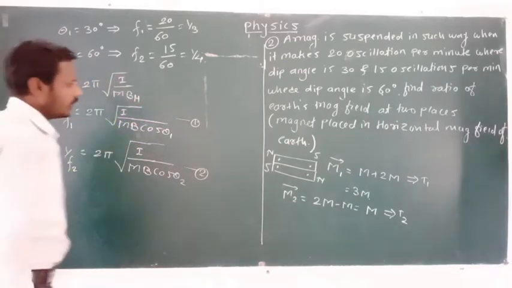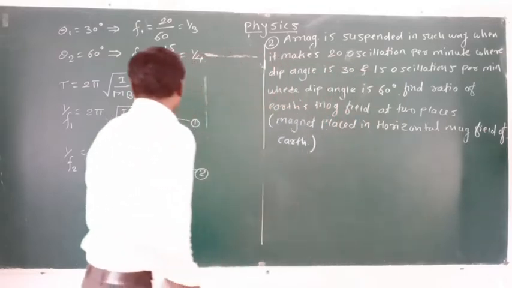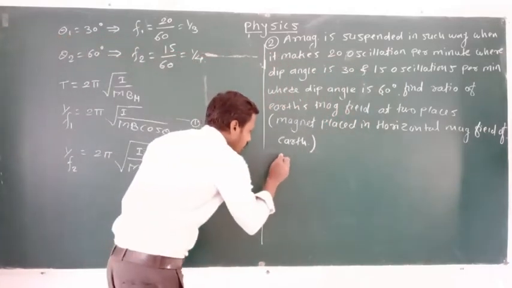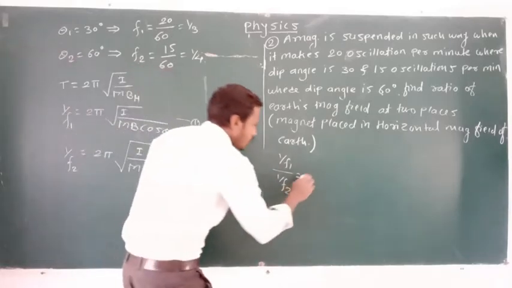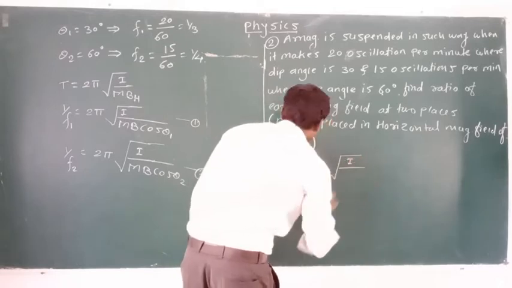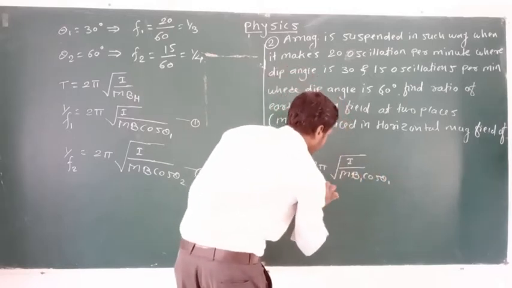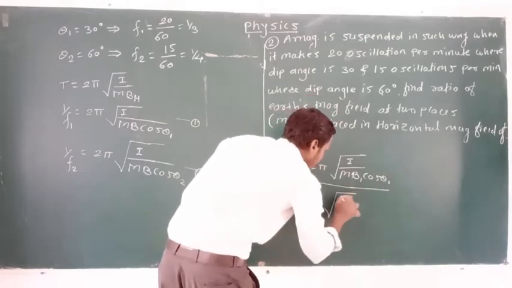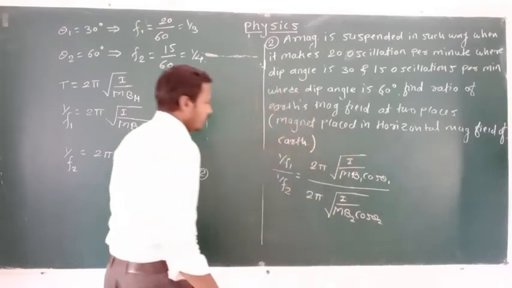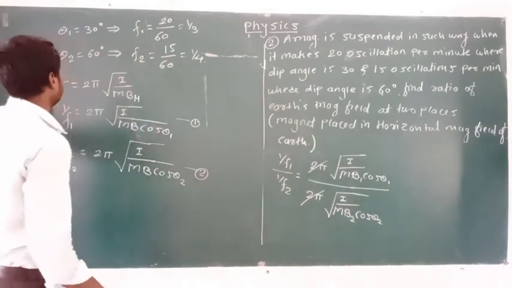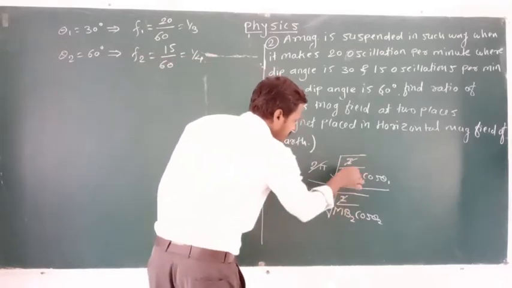Now, dividing both equations, we can write 1 upon F1 divided by 1 upon F2 is equal to 2 pi under root of I divided by MB1 cos theta 1, divided by 2 pi under root of I divided by MB2 cos theta 2. 2 pi gets cancelled, I gets cancelled, M gets cancelled.